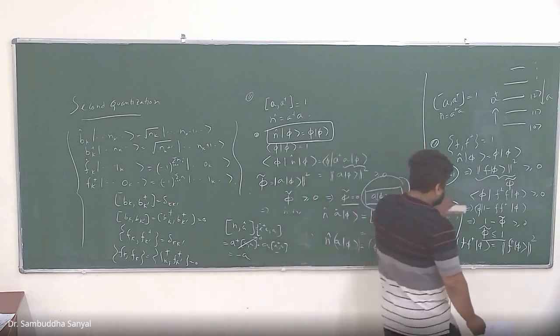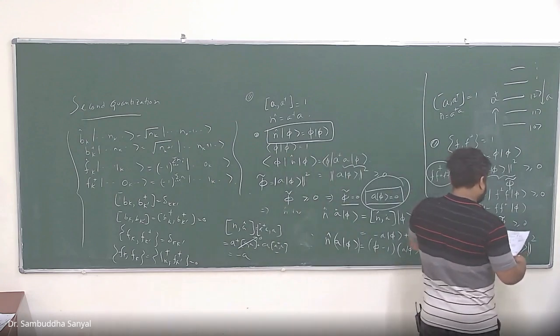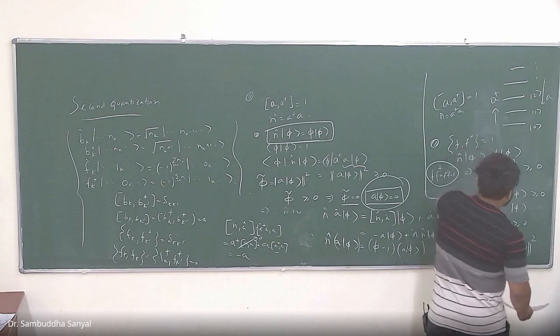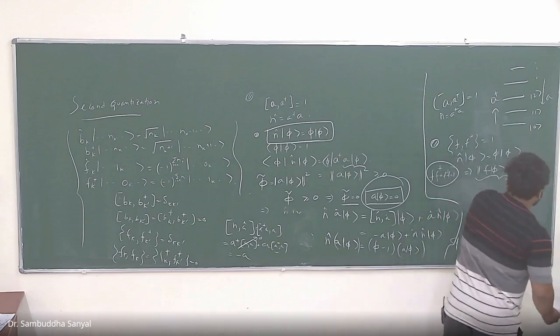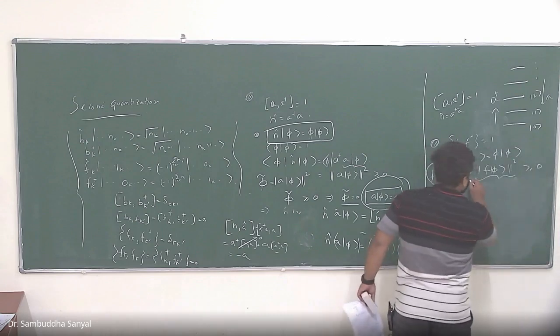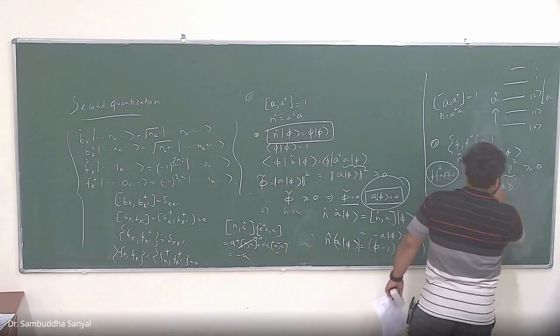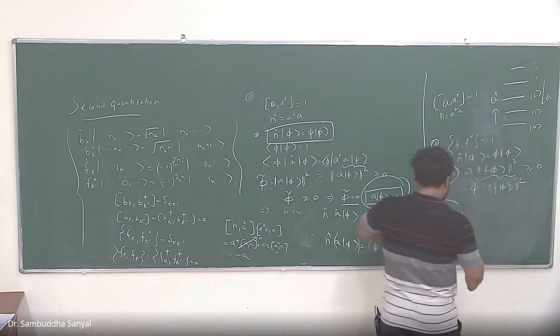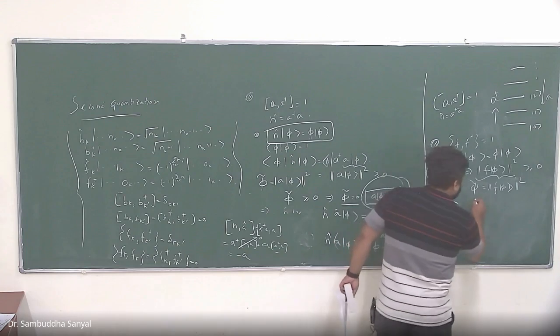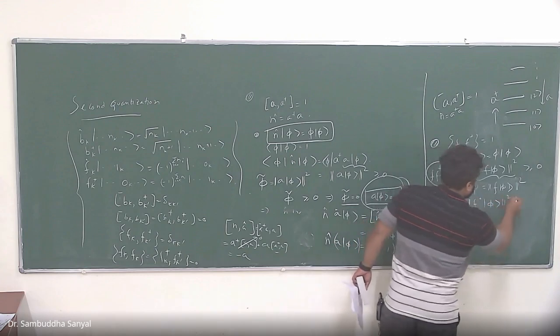Okay. I think I started with the wrong equation. Yeah, I think I should have started with this. I should use the phi directly. So my phi is f phi mod square. So I should start with this. So f dagger phi mod square.